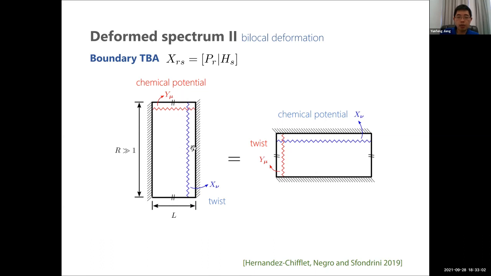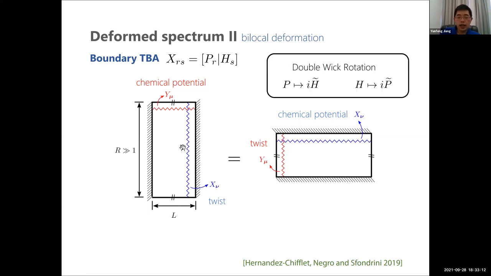At the beginning, you put the twist in the quantization condition, and you need to put the chemical potential in your partition function. The whole idea is that this cylinder partition function can be computed in a mirror channel. The mirror channel is obtained by performing a double Wick rotation.